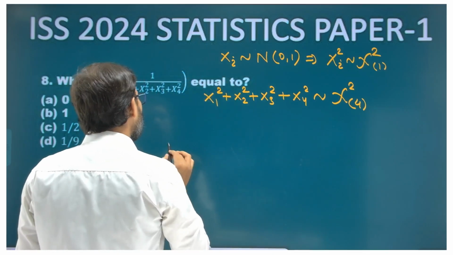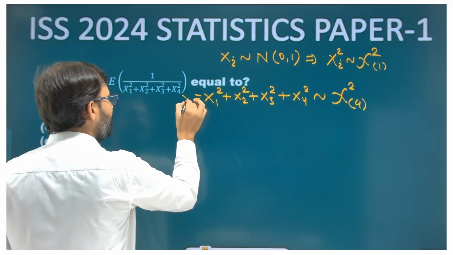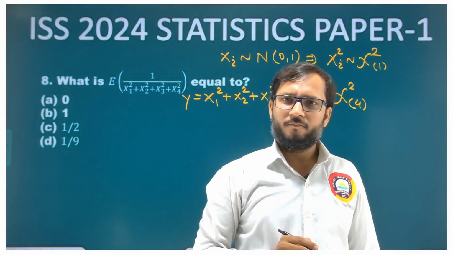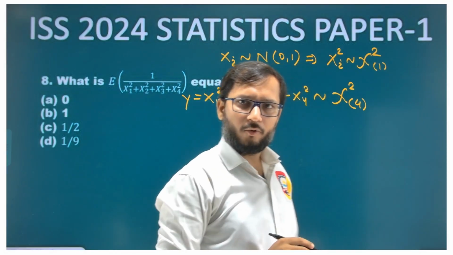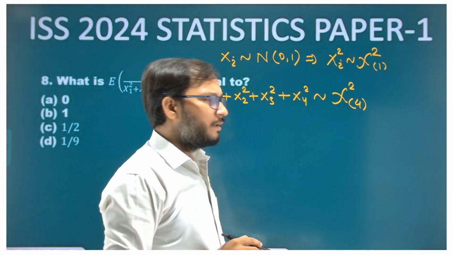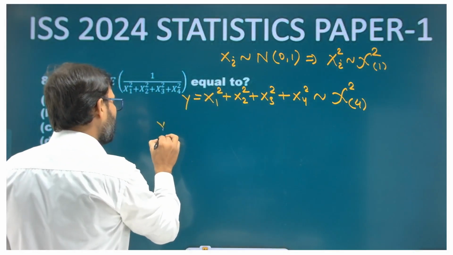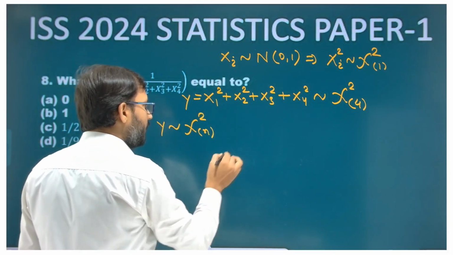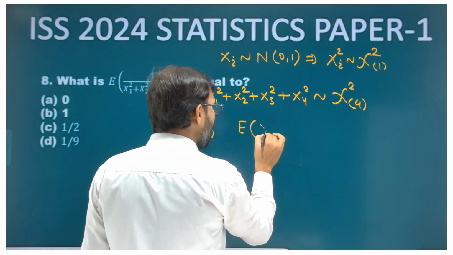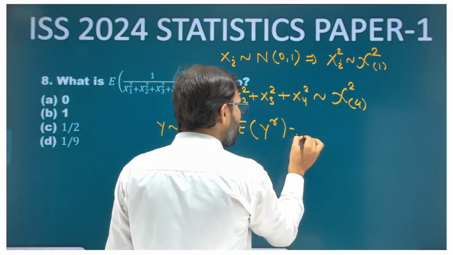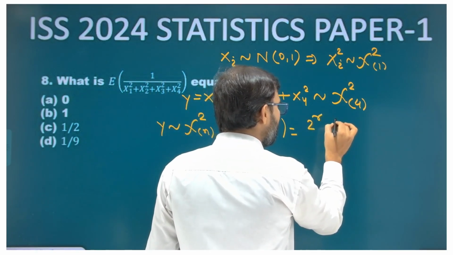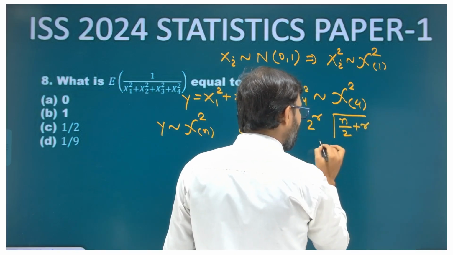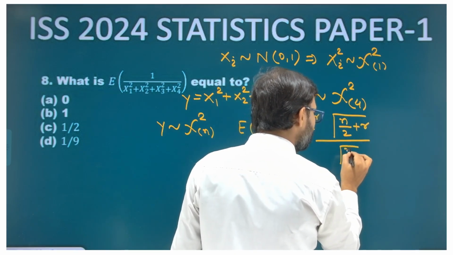Now we know this. Let me just say it is y. Y following chi squared n. Now we know that if y follows chi squared n, then expectation of y to the power r is equal to 2 to the power r, gamma (n by 2 plus r) upon gamma (n by 2).